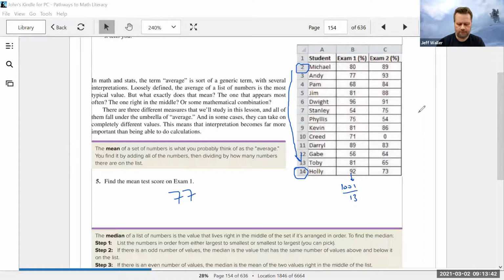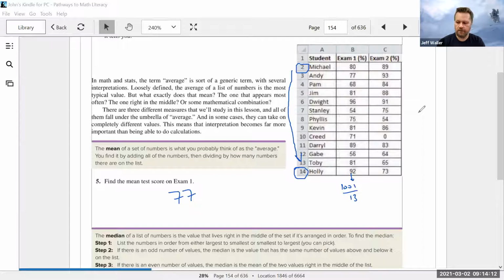Speak now or hold your peace. All right, I think this one comes out a little bit more gross. 72.69. I got the same.